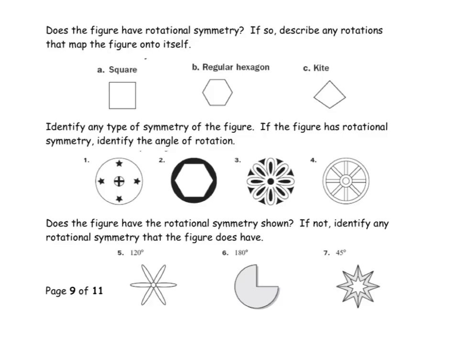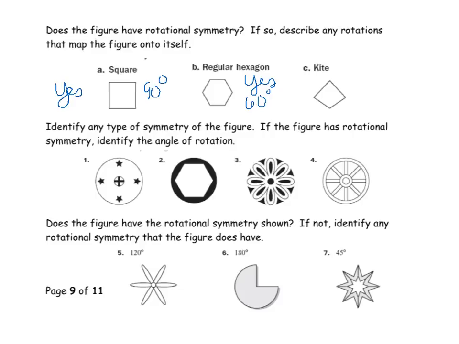All right, so our square does indeed have rotational symmetry, and it is 90 degrees. Every time I turn this 90 degrees, it's going to map back onto itself. Same thing for our regular hexagon. It has a rotational symmetry of 60 degrees. So every 60 degrees, 60, 120, 180, and so on, it maps back onto itself.